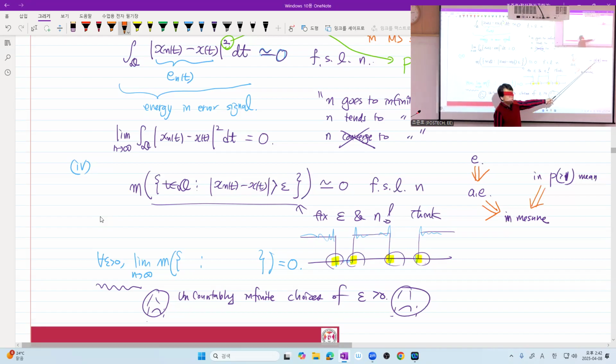If you choose some p, for example, 2, and show that it converges in that second mean, then automatically it converges in measure. Good, right? Depending on your application, sometimes proving that your sequence of functions converges to another function in measure may be enough.